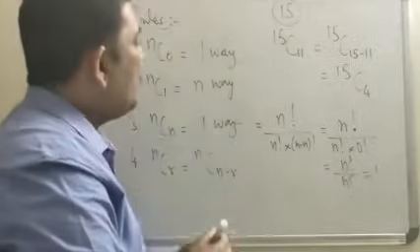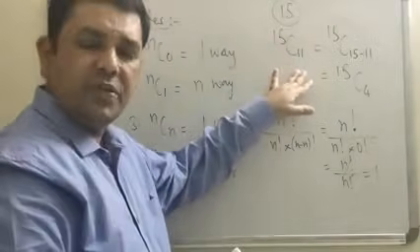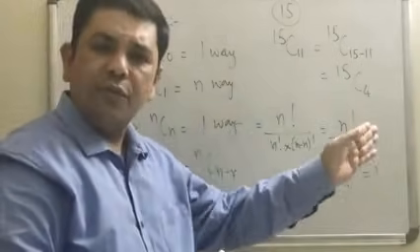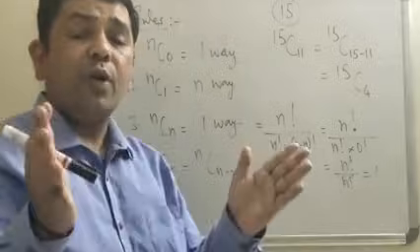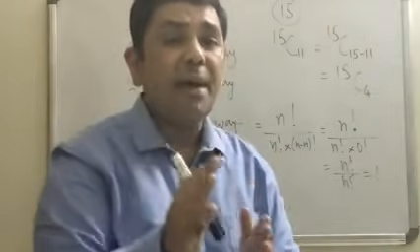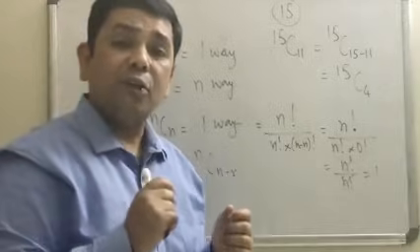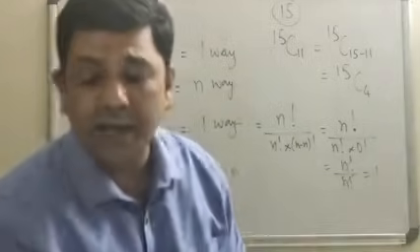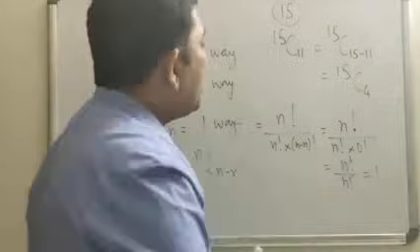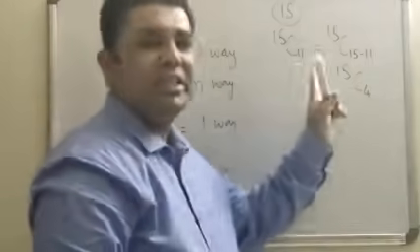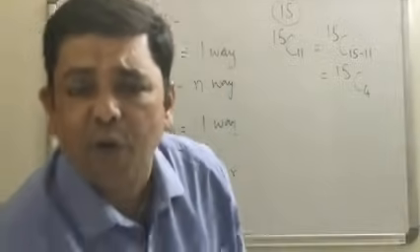One, if you write down the formula for 15C11, you will get a value. If you write down the formula for 15C4, you will get a value. If you compare both, you will automatically come to know that they are both equal. But that is not our objective. Our objective is to understand what is the logic behind saying that 15C11 is same as 15C4.